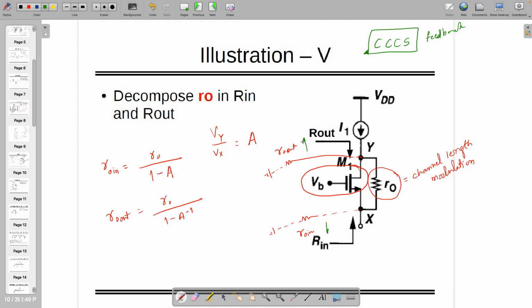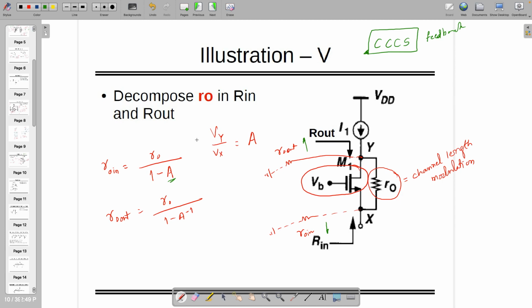By the way, loop gain is much higher than 1, so of course 1 minus A is equal to minus A, and so R in is decreasing, and A inverse goes upside, so you're going to see high resistance, right? So this is what is happening.